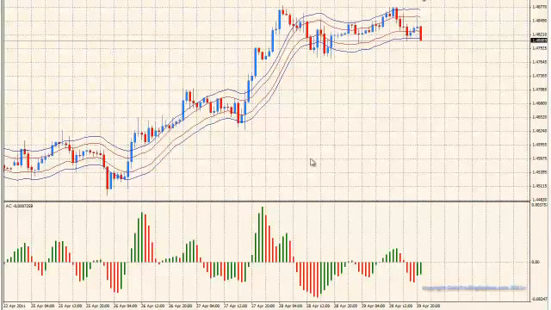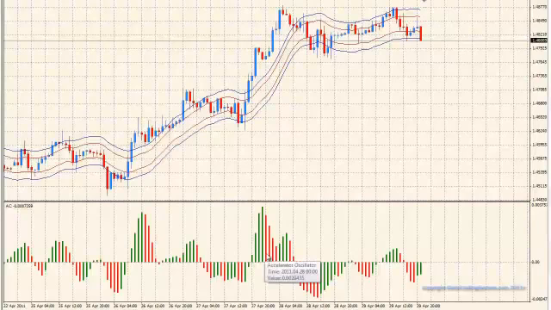The two indicators that we're using are the Envelopes and the Accelerator Oscillator. We have two upper bands and two lower bands, and I've given them two different colors. What we're looking for is a candle. This lower band area is for buyers and this upper band area is for sells.